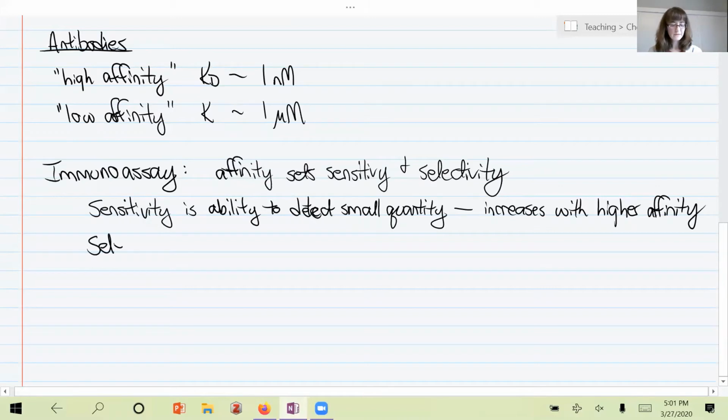And selectivity is a little bit different. Selectivity is your ability to distinguish between the antigen and anything else, interference. Okay, and so you can ask yourself, how would you phrase that in terms of affinity?